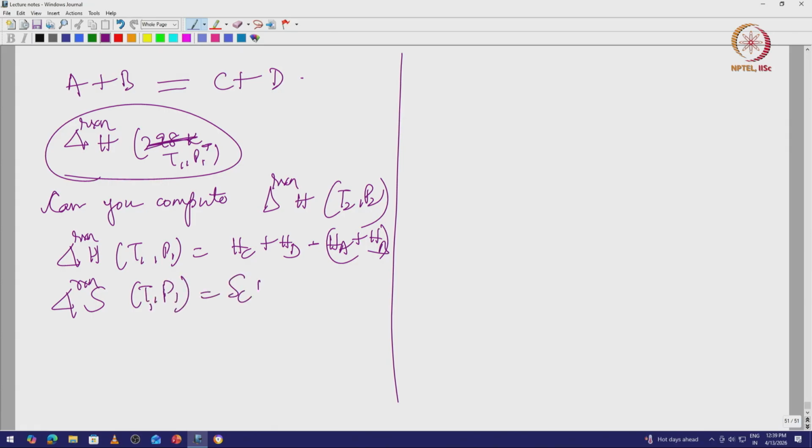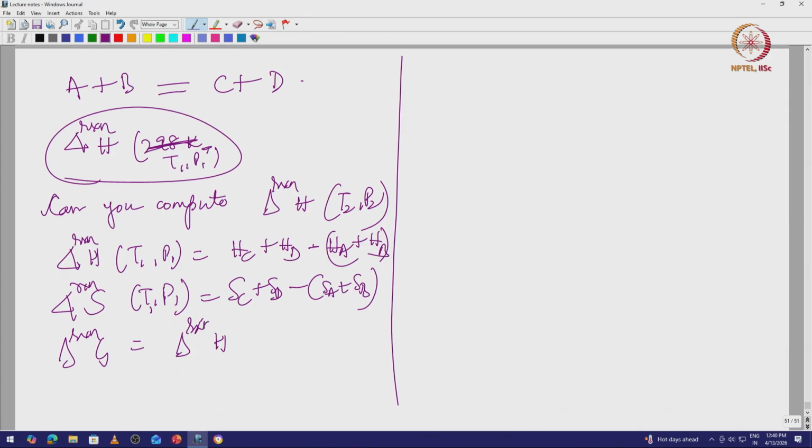So Sc plus Sd minus Sa minus Sb, right. And delta G of reaction is going to be delta H of reaction minus T delta S of reaction, right. These are all standard terms and standard terminologies, delta G. Okay. All right.